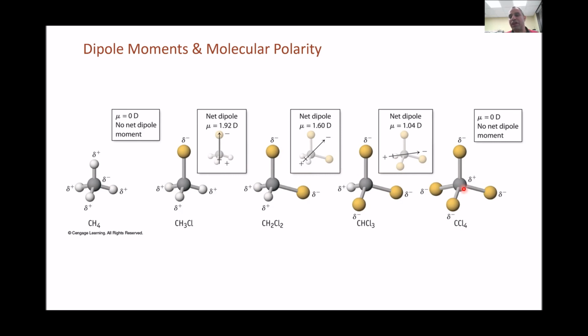If you have a tetrachloride with four chlorines around the central carbon atom, these are four bonds of the same type. So even if there is any polarity in the bond itself, it's going to cancel each other due to the symmetrical distribution around the central carbon atom.